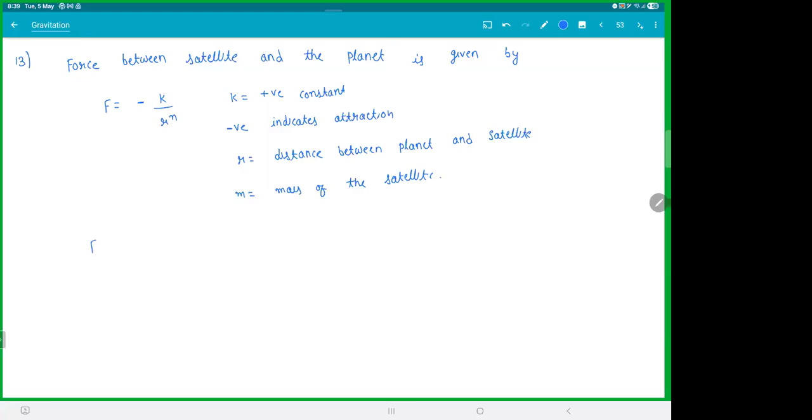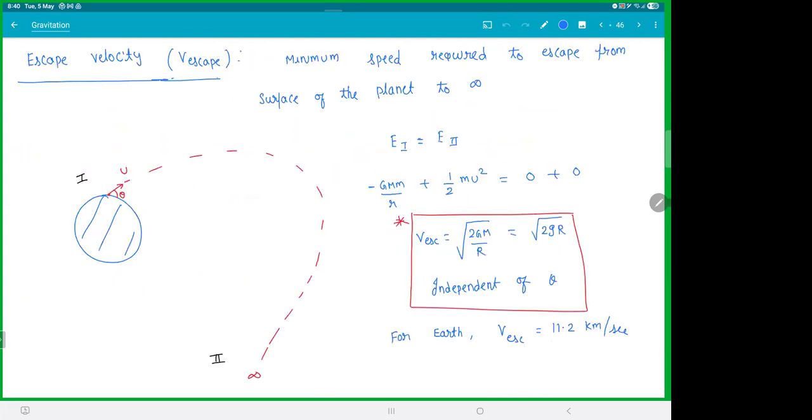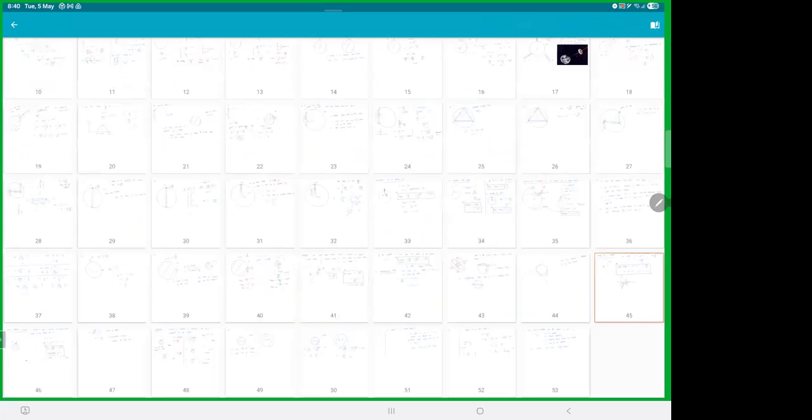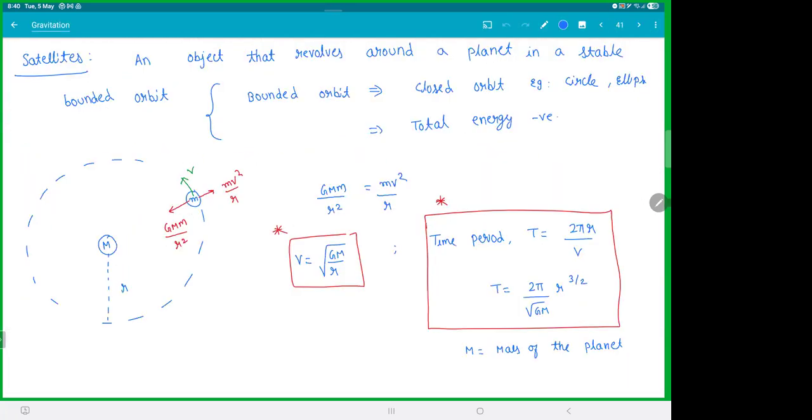Perfect. So first thing, find the speed of the satellite. Find the time period of the satellite. Find the energy of an orbit. All these derivations, speed, time period and everything, we did last time for the regular one, when the force is 1 by r square.